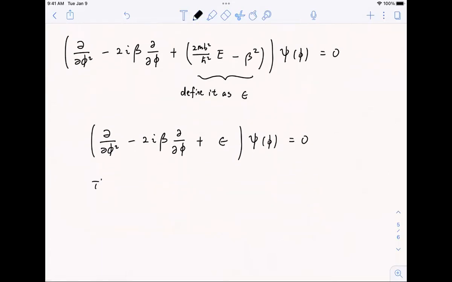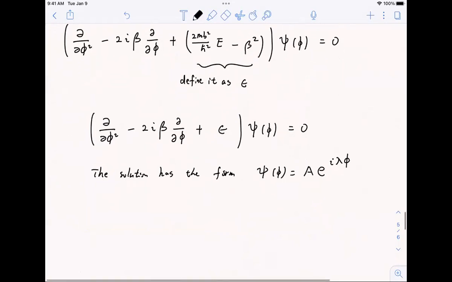So the solution has the form equal to A e to the i lambda. I mean, you can use this form and get the lambda.